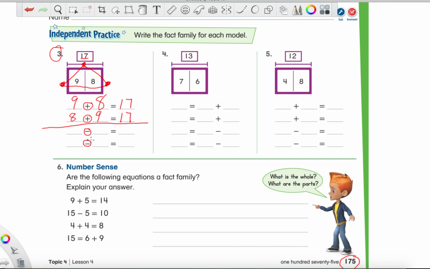Alright, if you are all done, we're going to go over it. If you're not all done, make sure you take your time, pause the video, and then hit play when you're ready.